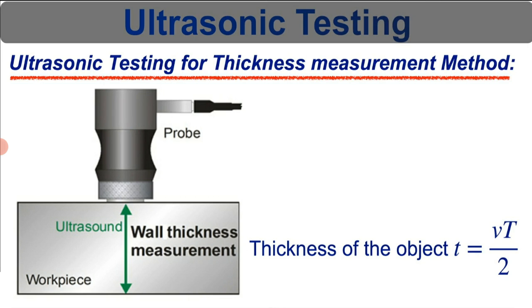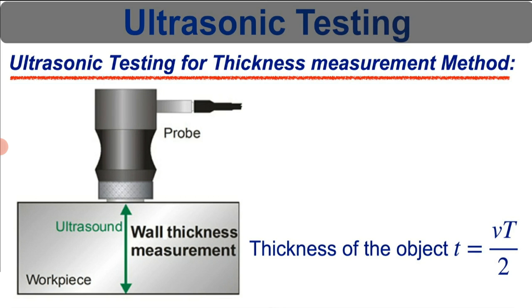Thickness measurement. A piezoelectric transducer is attached to the test piece directly or can be coupled to the piece by an incompressible medium like oil or water. The ultrasonic waves are propagated into the test piece.